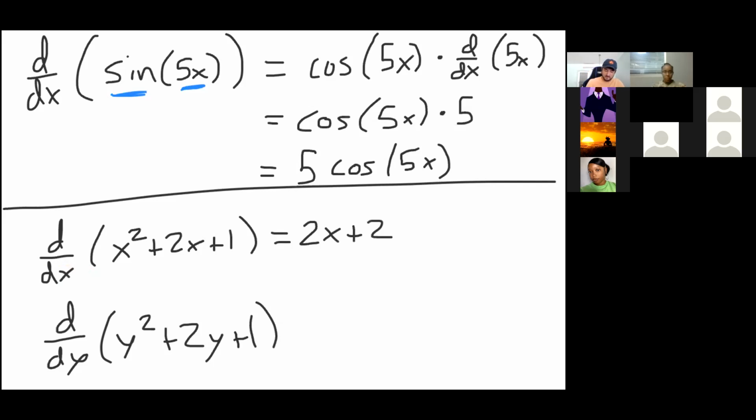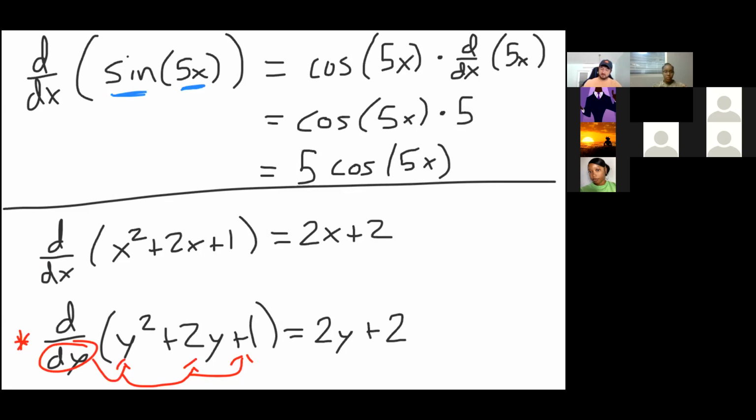And then down here, where I'm taking the derivative with respect to y of y squared plus 2y plus 1, because I'm taking the derivative with respect to the variables that I see here, I just follow the same rules. So I take the derivative of y squared, which will be bring the exponent down, subtract 1 from it. Give me a 2y. Derivative of 2 times y, so that middle term right there will just be a 2. And the derivative of 1 is a 1.